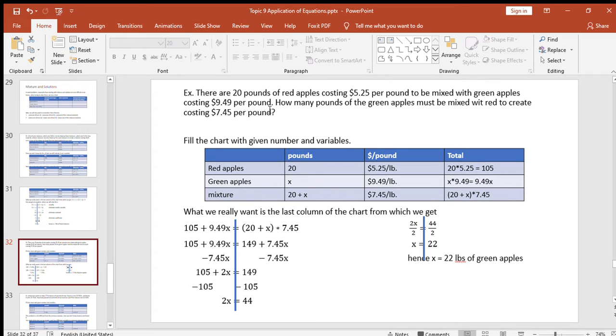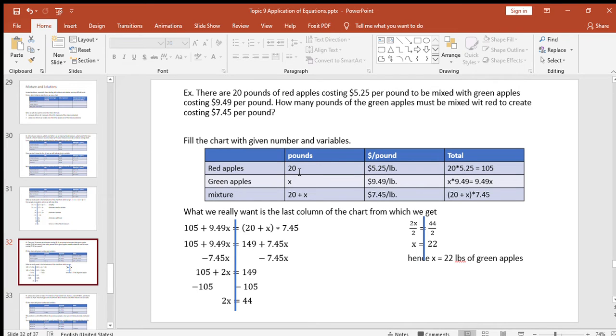In this case, we have 20 pounds of red apples costing $5.25 per pound, and green apples, which is $9.49 per pound. How many pounds of green apples to be mixed with red to create $7.45 per pound?